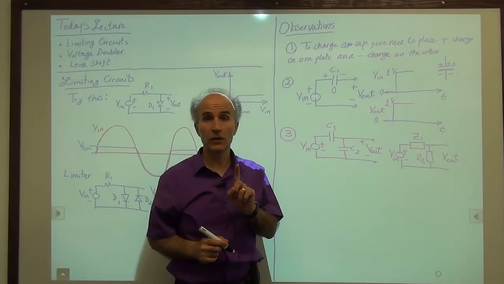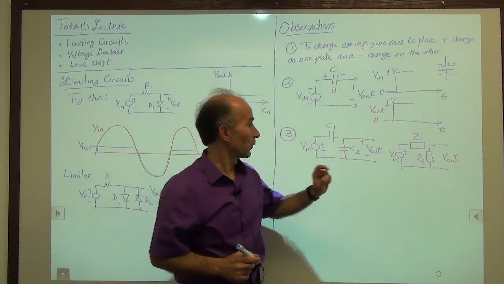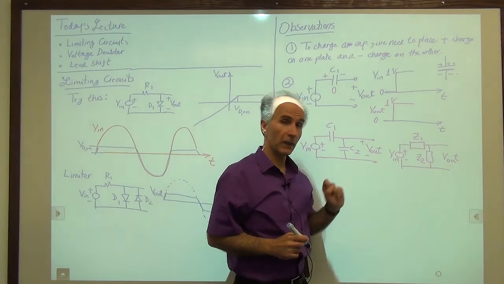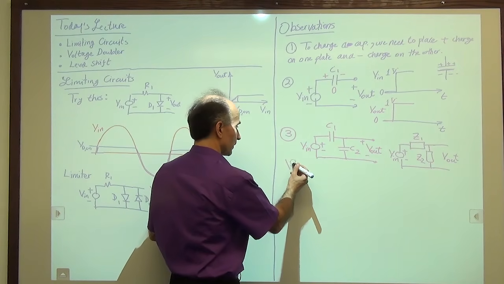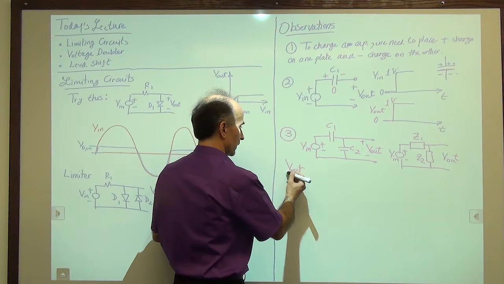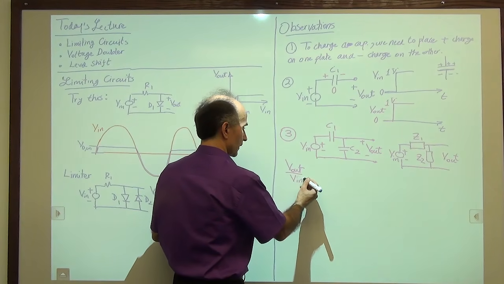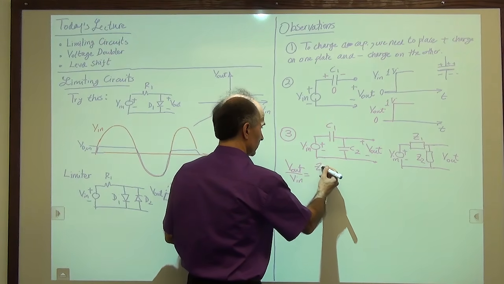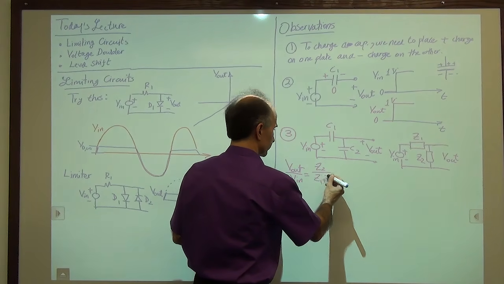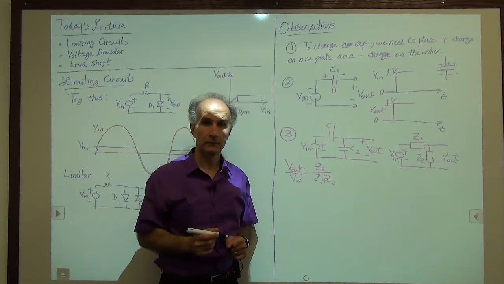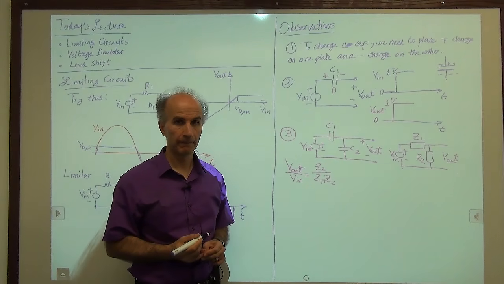So now, in analogy with the resistive divider, we can write V out over V in. If you go back to your circuit theory, you will remember that V out over V in is equal to Z2 over Z1 plus Z2. So far so good.